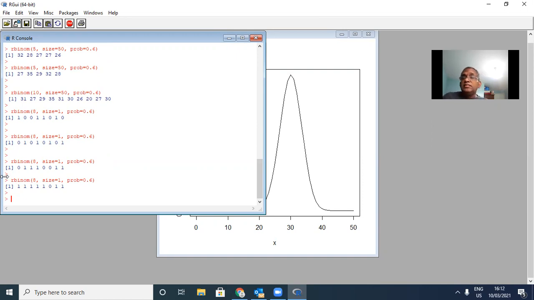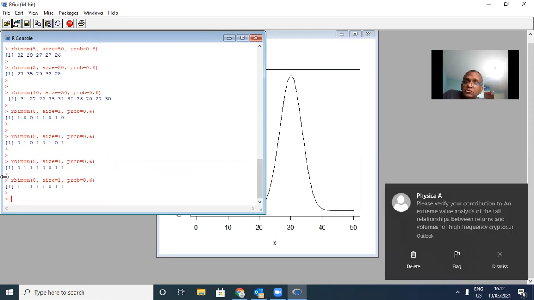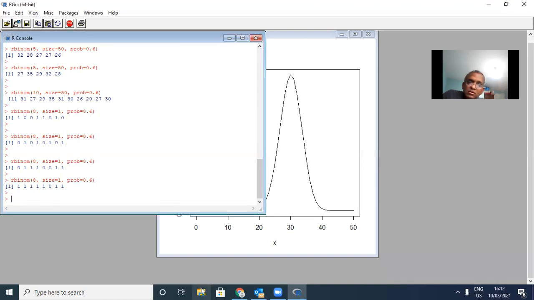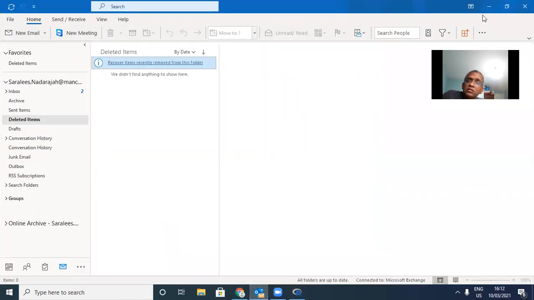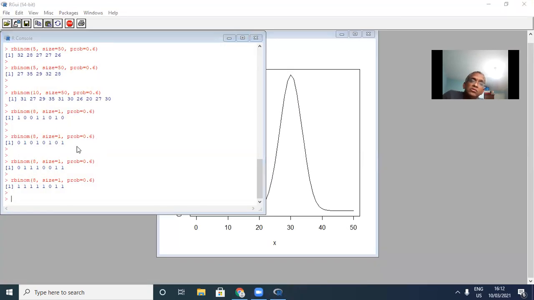I'm sure all of you know the size in the binomial. In my notes, I used M to denote the size. If you look back in my notes on the binomial, you will see I used the notation M to denote the size.